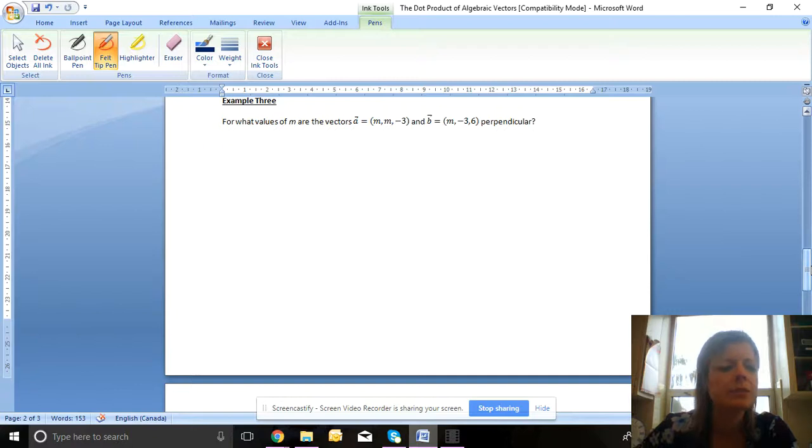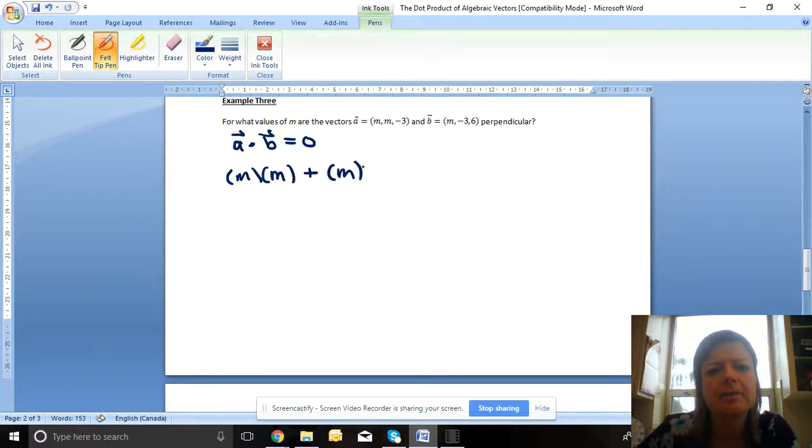Okay, so we can also use the fact that the dot product is 0 between perpendicular vectors to solve problems. So if these two vectors are perpendicular, let's recall that their dot product will equal 0. So therefore, we can set our dot product m times m plus m times -3 plus -3 times 6 equal to 0 and just solve for m.